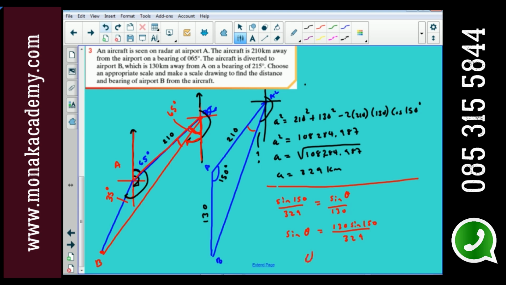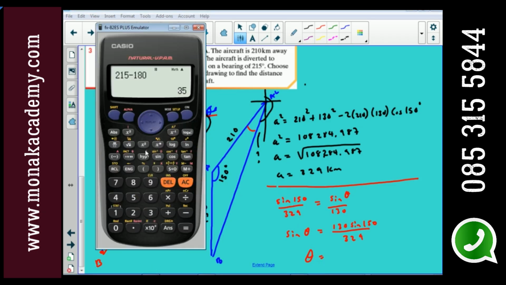Right, so theta equals the inverse of sine for all of that: 130 sine 150 over 329.